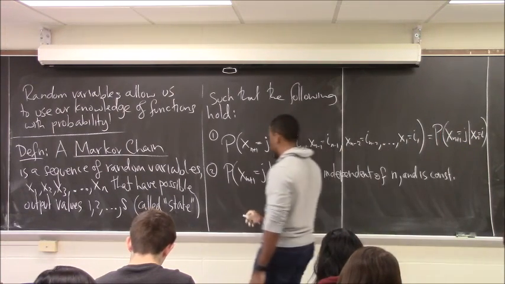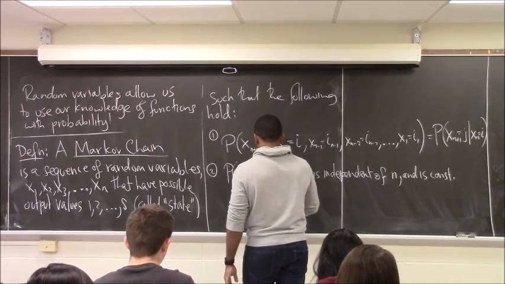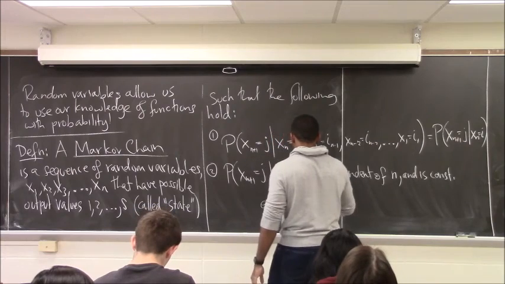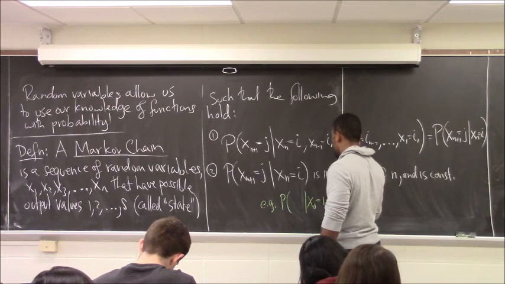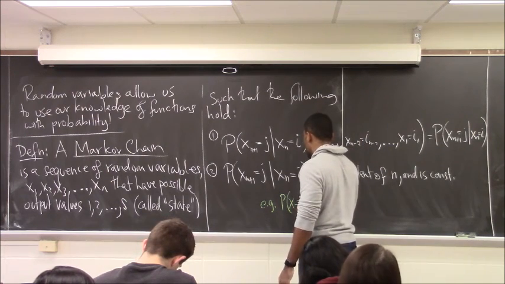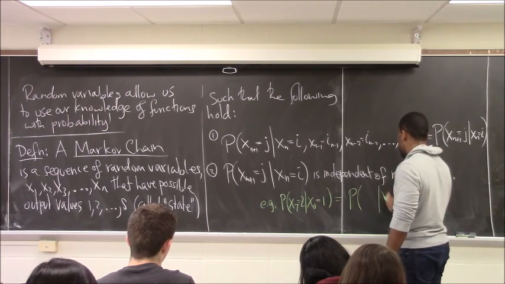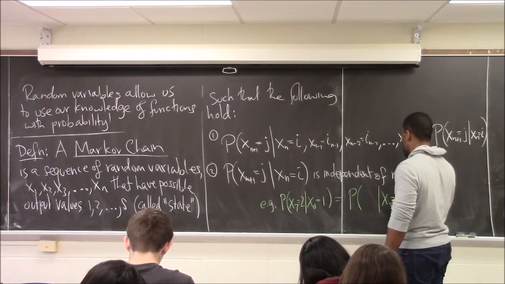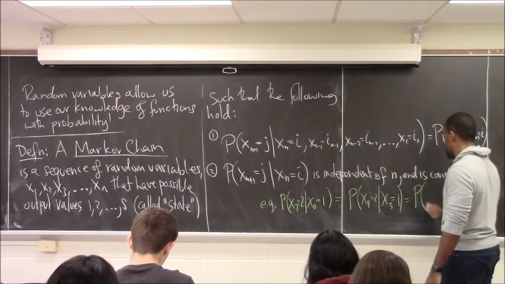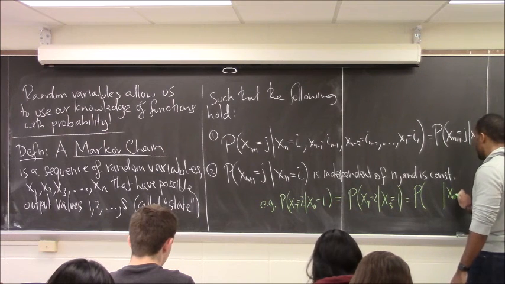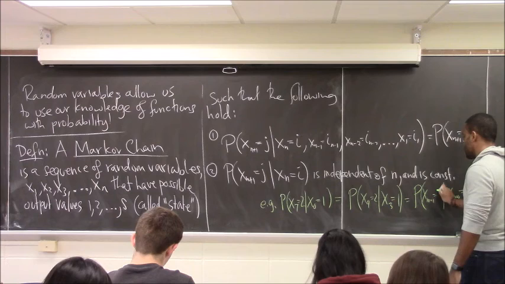So an example here, this is telling you that, okay, what is the probability that if x6 was 1, x7 is going to be 2? Well, that's the same as you asking, what is the probability that if x3 was 1, x4 is 2? That to me is exactly the same as the probability that if x sub 1000 is 1, x1001 is going to be 2.